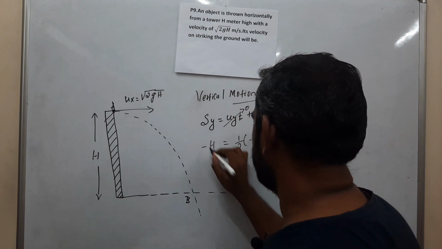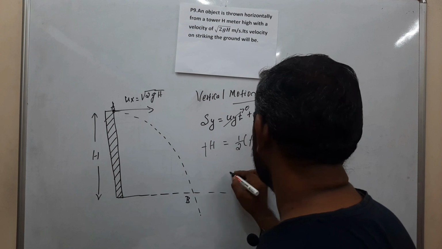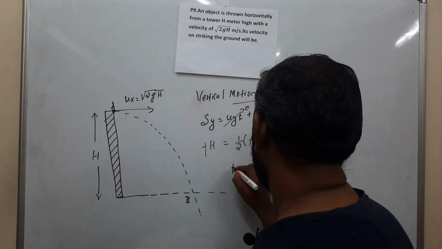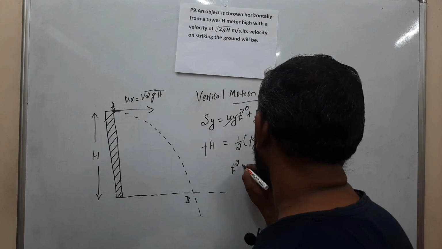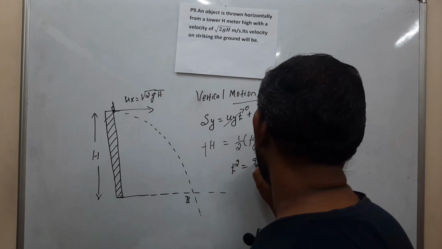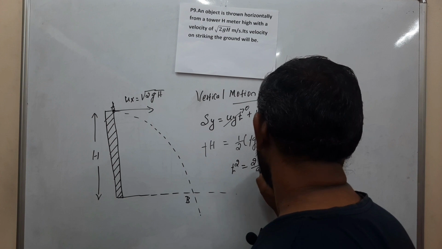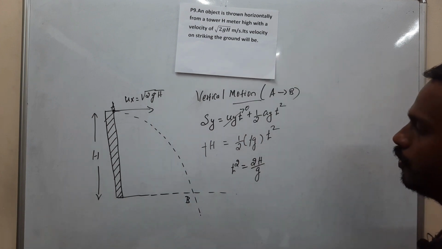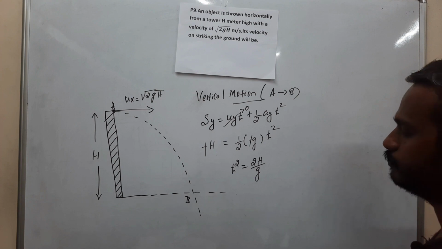Minus minus cancels, so t square is equal to 2h by g.